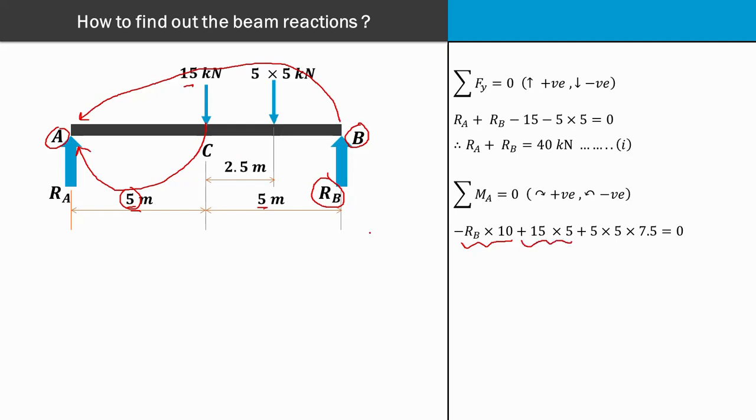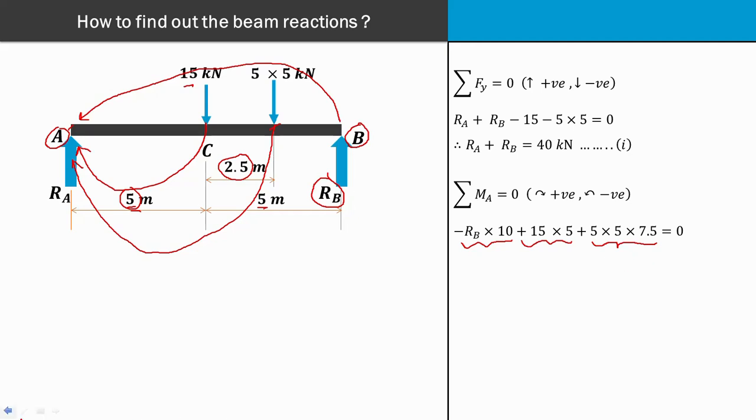Then this 5 into 5, 25, this will also produce clockwise moment about A and hence it is positive, and the perpendicular distance from this point up to A is 2.5 plus 5, that is 7.5, and as it is a clockwise moment, it is positive. So 5 into 5, that is total load multiplied by 7.5. So this is also clockwise.